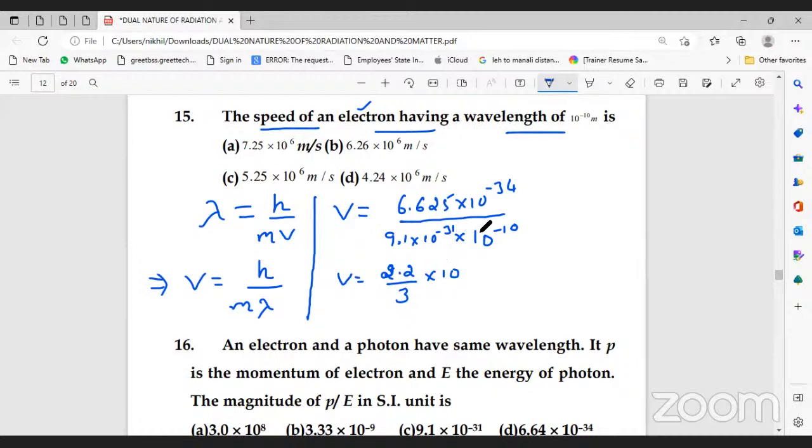Minus 31 minus 10 will be minus 41. So plus 41, plus 41 minus 34 will be 7. 2.2 by 3, you will get 0.71. Approximately 10 power 7 or 7.1 into 10 power 6. What's the unit of velocity? Meter per second. So option A is the right answer.